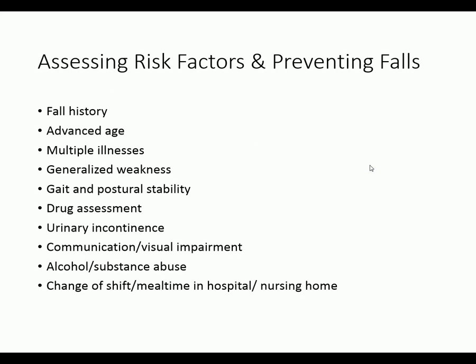Gait and postural stability, their drug assessment, and what type of drugs are they on, how are they interacting with each other, are they incontinent, communication and vision impairments, do they have glasses, are they hard of hearing, can they hear machinery coming along behind them in the hallways and stuff like this. Are they abusive of alcohol or any other substances, like narcotics, street drugs, this type of thing.